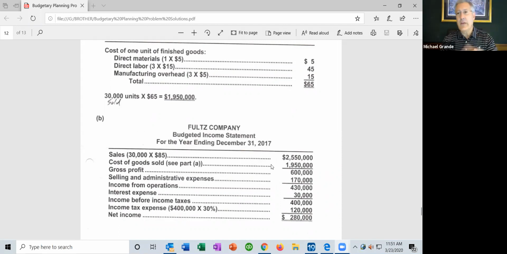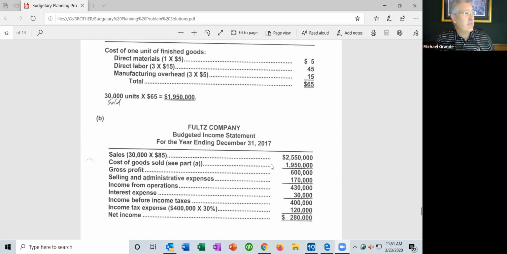Gross profit, $600,000. They also told you that the selling administrative expense was $170,000. And then you have income from operations, $430,000. And to subtract interest expense, you've got income before income taxes, $400,000.